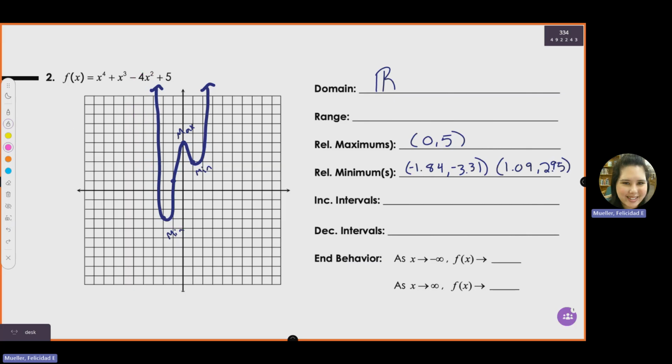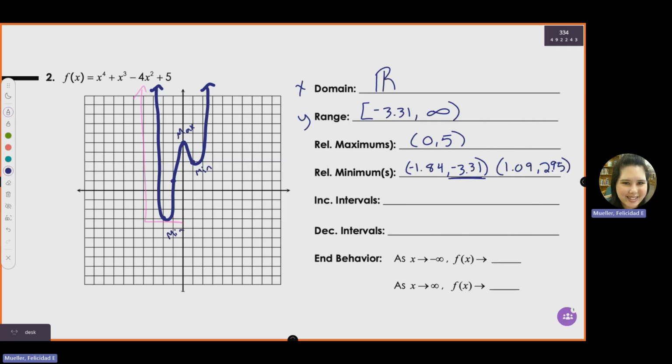So we're going to say the range is from here all the way up. So we take the absolute minimum, which is at, remember it's our y values, y for range, x for domain. So it starts at, and it exists there at -3.31, and then goes on forever to infinity.